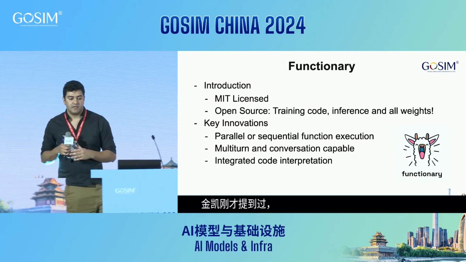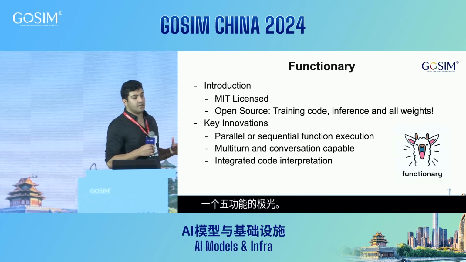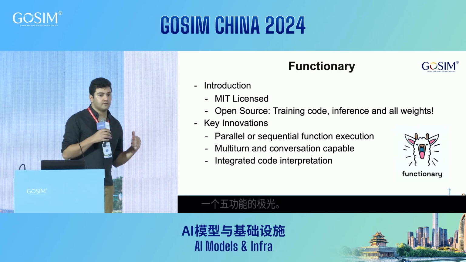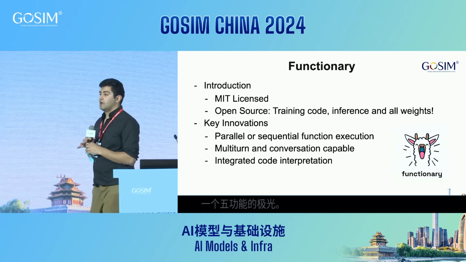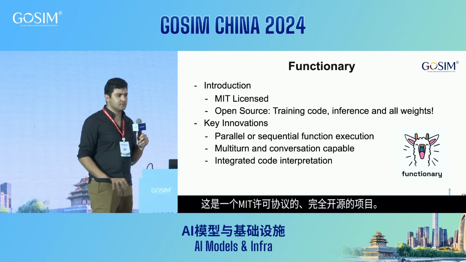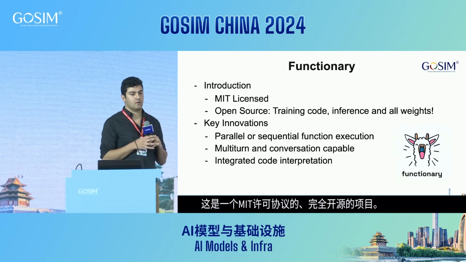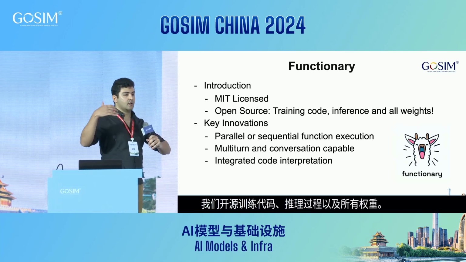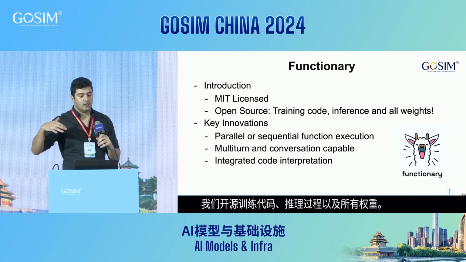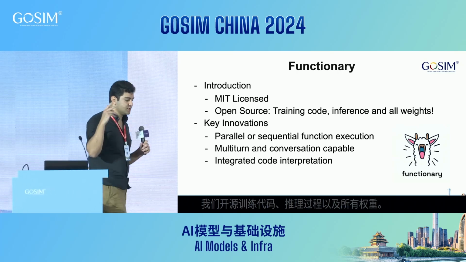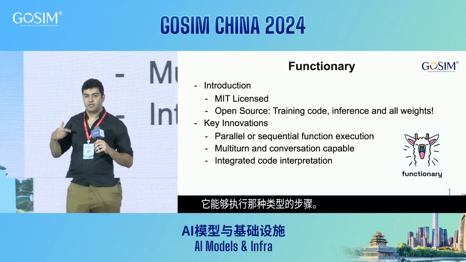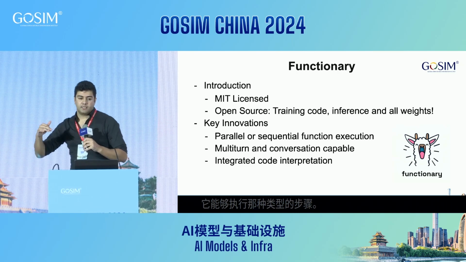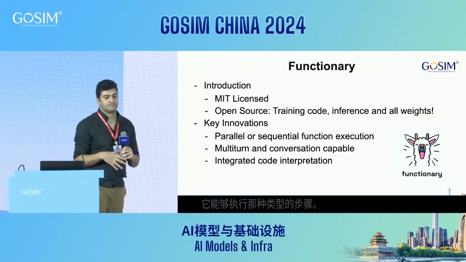I'm introducing Functionary, which is MIT licensed, a completely open source project, a large language model that is capable of execution of the tools. And we open source the training code, inference, and all the weights. And it is capable of executing those steps in parallel, in one shot, like in one single inference request, or it could do sequential, one by one, if it depends on the previous ones.